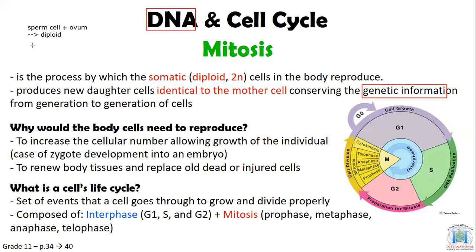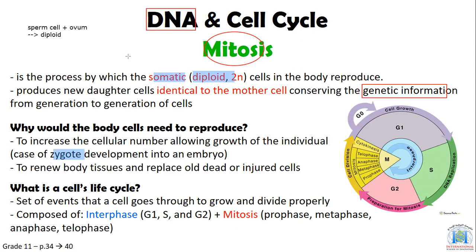We need to get a multicellular organism, a full organism, out of this one cell. So what to do? The cell has to undergo division. The cell undergoes mitosis. Mitosis is the process by which a cell, a diploid cell mainly, a cell of the body, we're taking here the example of a zygote turning into an embryo.